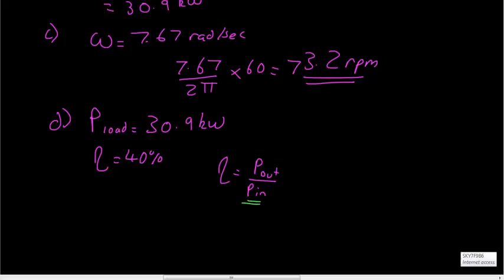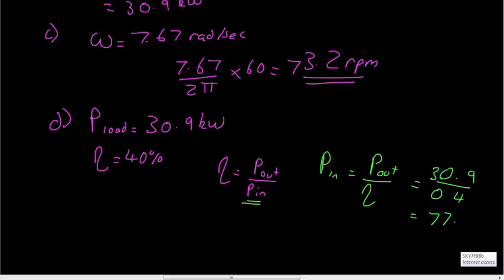We've got our power out, that's the power produced by the load. So power in is equal to power out over the efficiency. In this case is 30.9 over 0.4. Remember, that will give us an answer in kilowatts as we put 30.9 in as kilowatts. So that is 77.25 kilowatts.